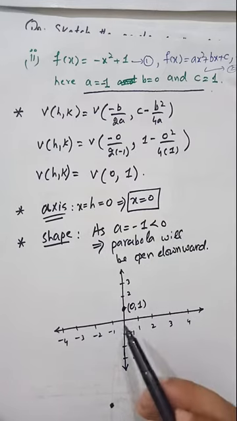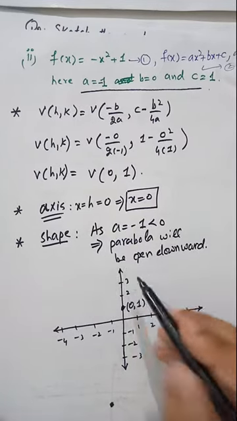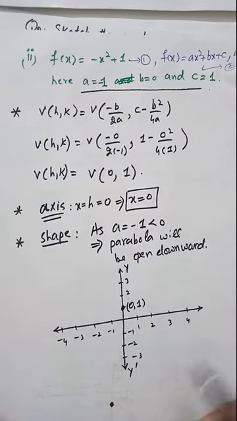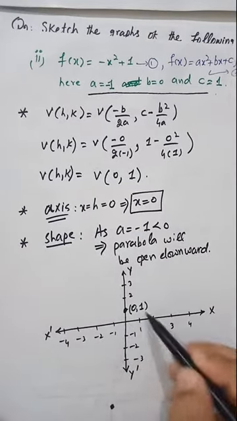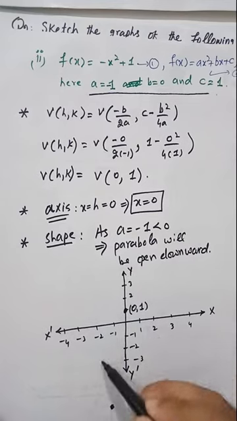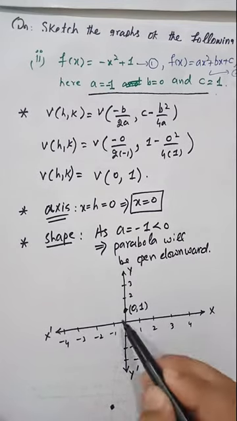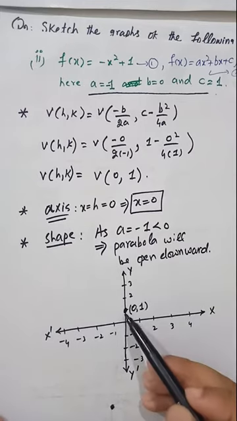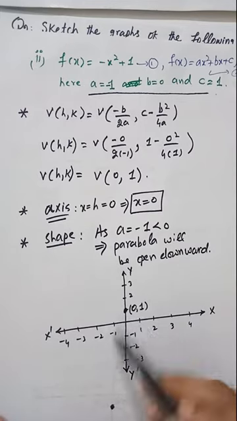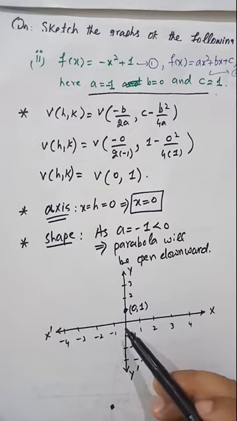Now if this is your vertex and the y-axis is your line of symmetry, in this case the branches will open downward. So when the branches open downward, this is your y-intercept, but there will also be two x-intercepts.